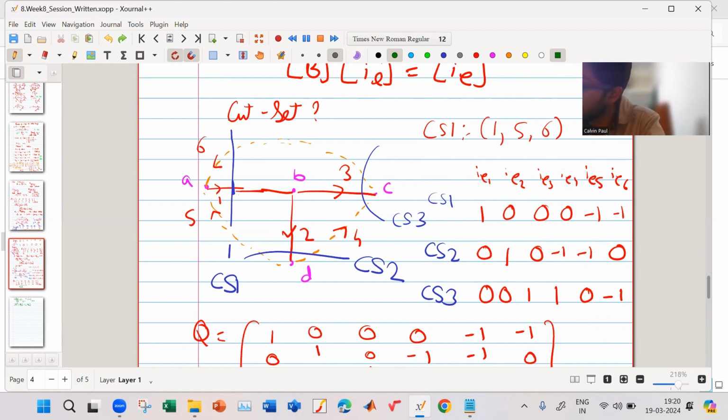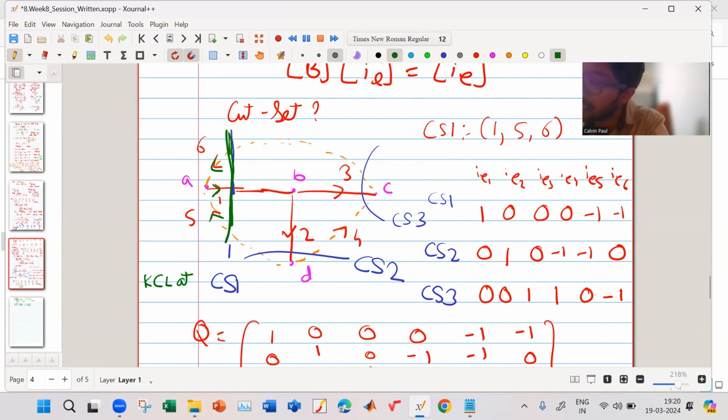Now I am applying KCL at my cut set 1. KCL at cut set 1 has to be satisfied, right? The current entering it should be equal to the currents leaving it. This entire thing becomes my cut set.